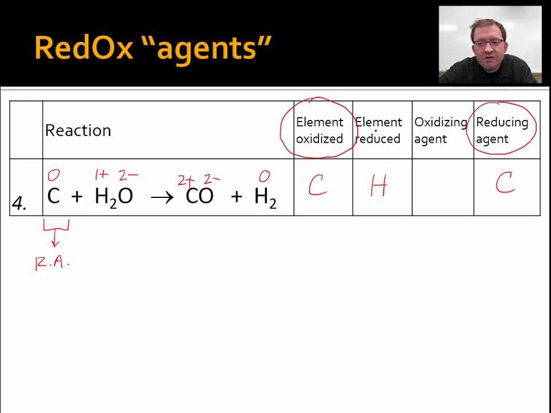Hydrogen, being reduced, is part of the oxidizing agent. And in this case then, hydrogen is part of, as the oxidizing agent, it's part of water. Water is acting as the oxidizing agent here. So the agent is that which contains the element. In this case, the agent contains the element being reduced. Hydrogen is found within the oxidizing agent because it's being reduced.